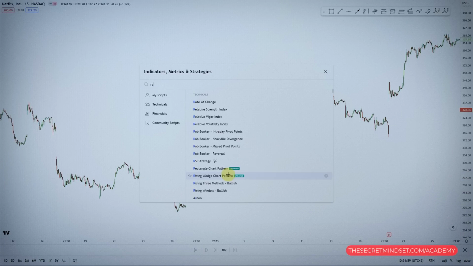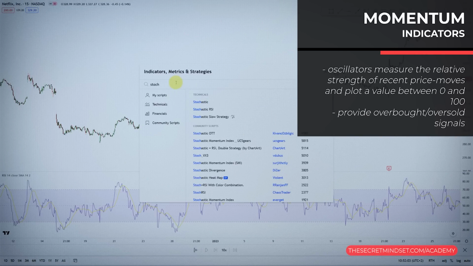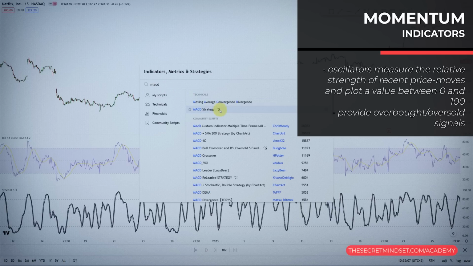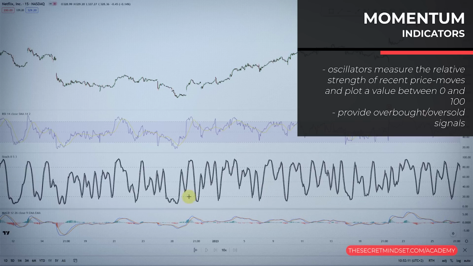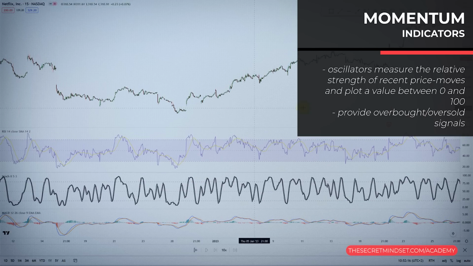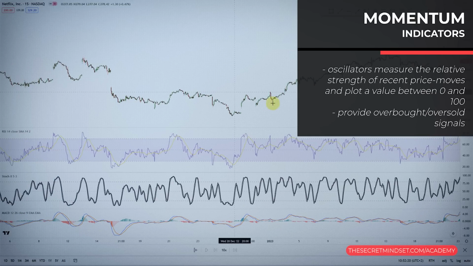Another popular group of technical indicators are momentum indicators, also called oscillators. Unlike trend indicators, oscillators measure the relative strength of recent price moves and plot a value between 0 and 100. If prices are rising strongly, an oscillator follows and reaches overbought levels.